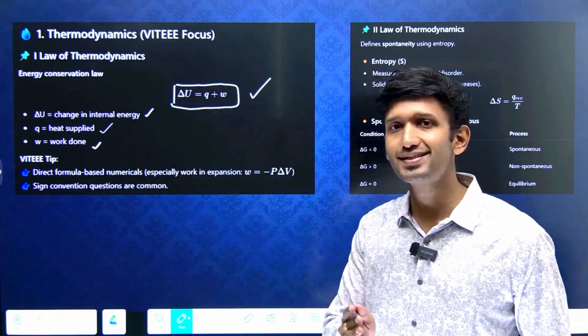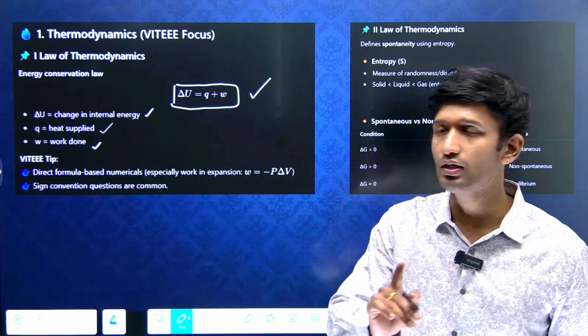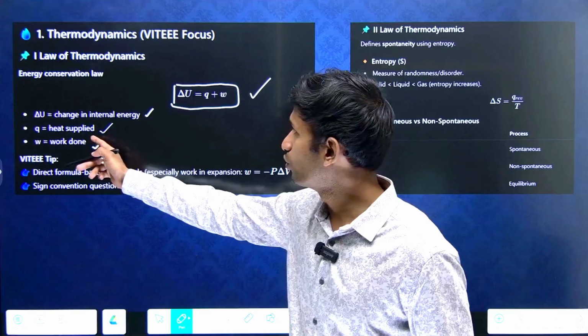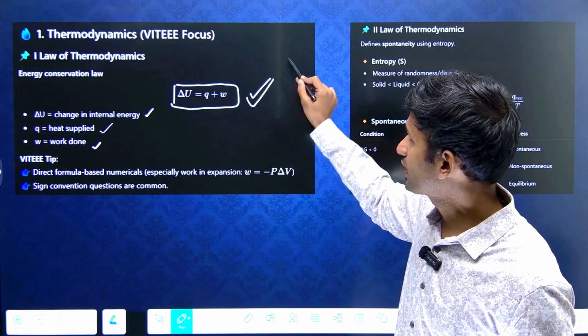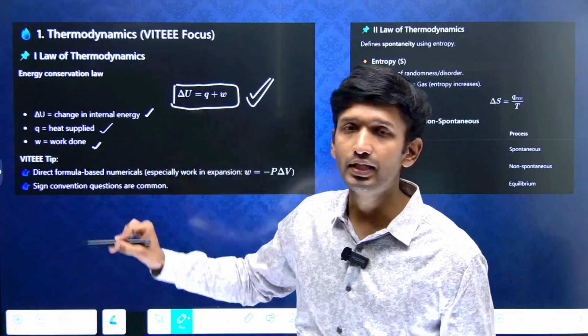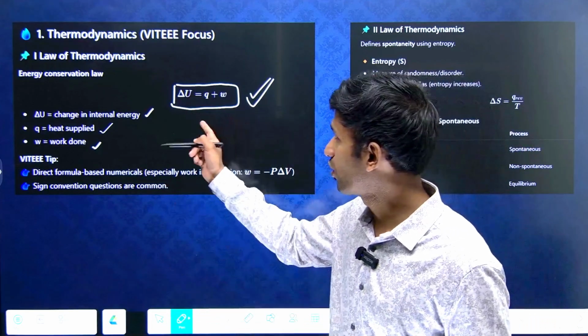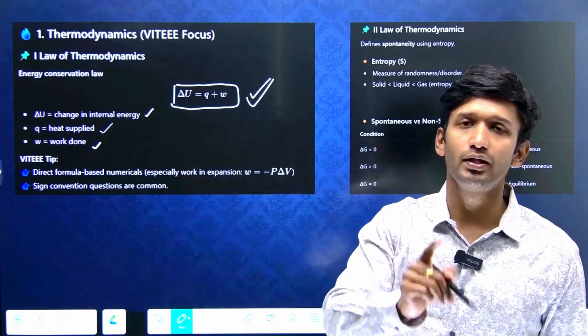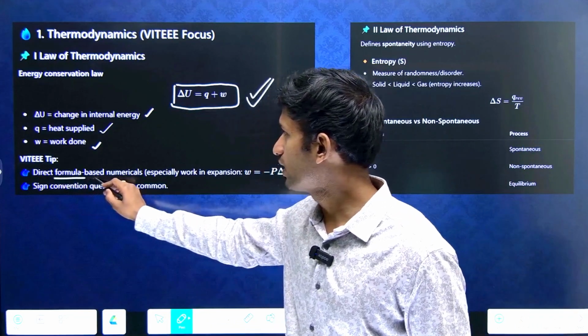So what is this equation representing? The change in internal energy is equivalent to the heat supplied plus the work done, and this itself is the energy conservation law, represented by the first law of thermodynamics. What can we expect in VITEEE?